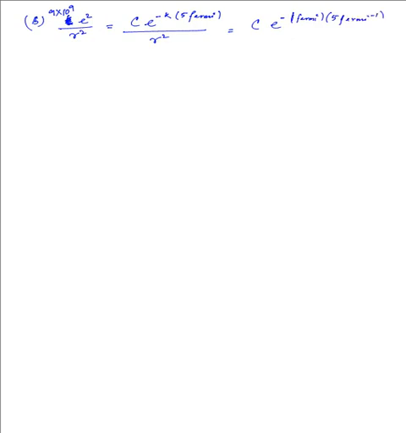So 1 Fermi inverse and 5 Fermi are obviously going to cancel out. The R squares are going to cancel out. So all that remains is C e raised to the power minus 5. Now this e is obviously again the exponential term, and this e is the charge.